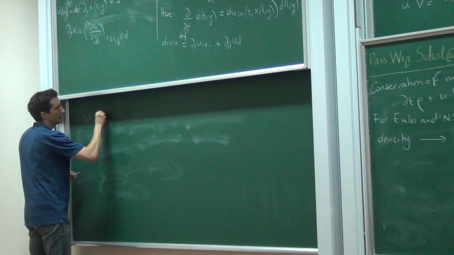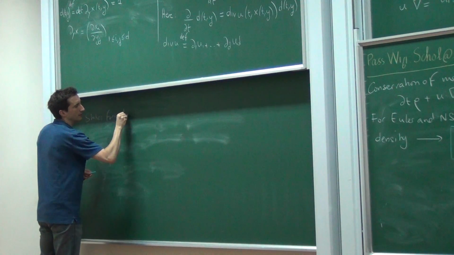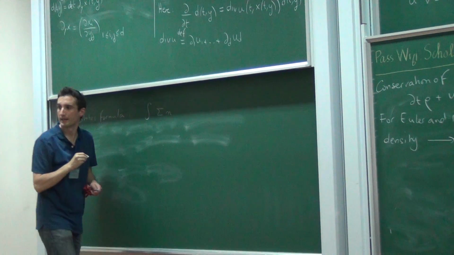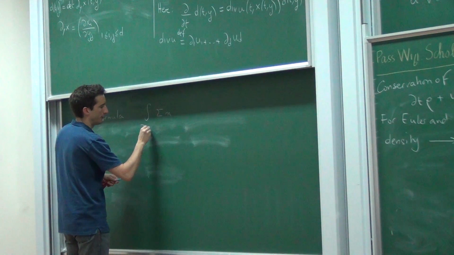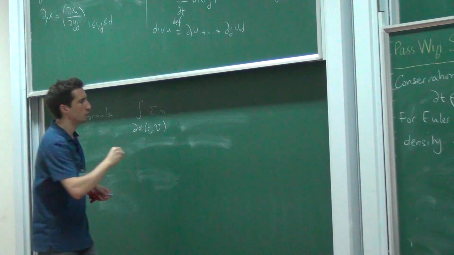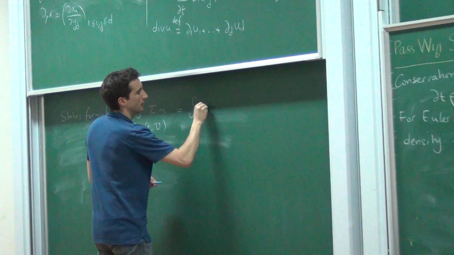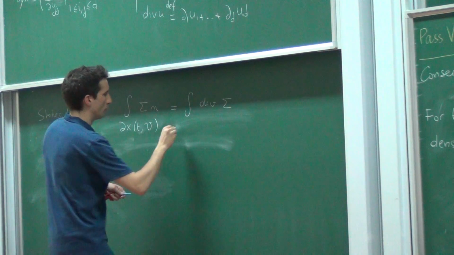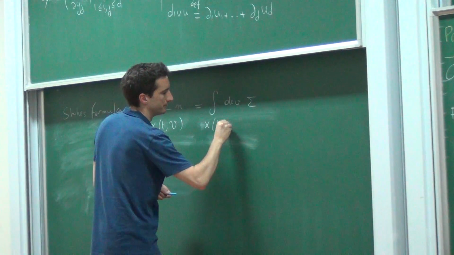Stokes' formula tells you that the integral of sigma n over the surface should be the integral of the divergence of sigma over the whole volume.